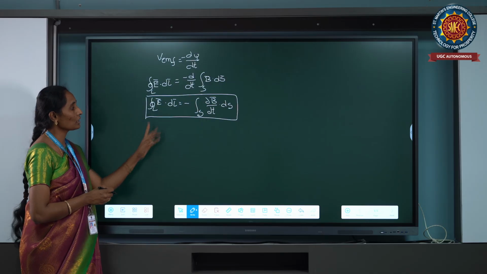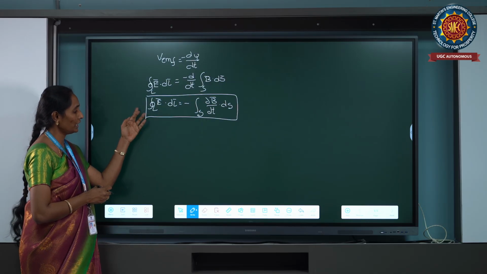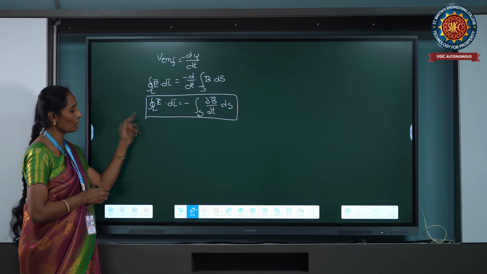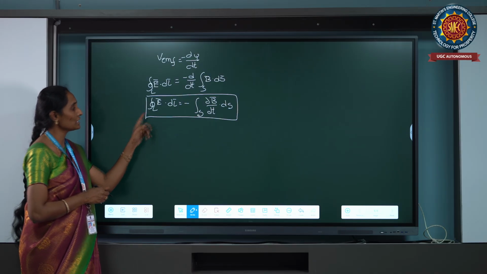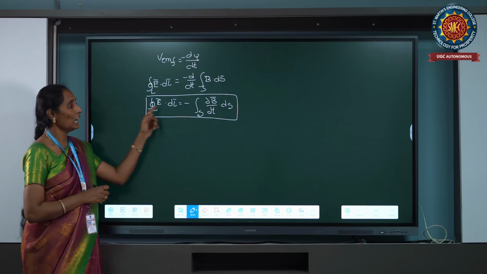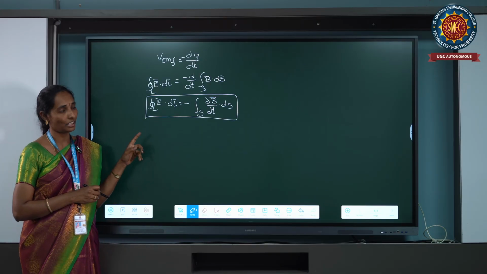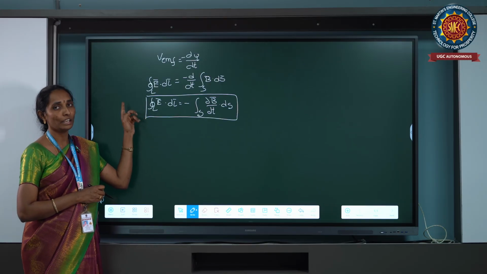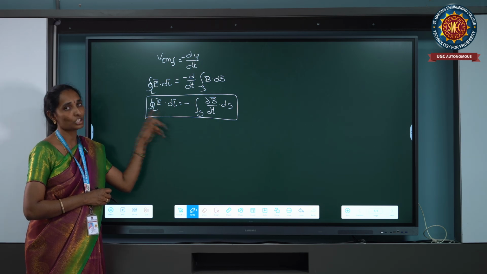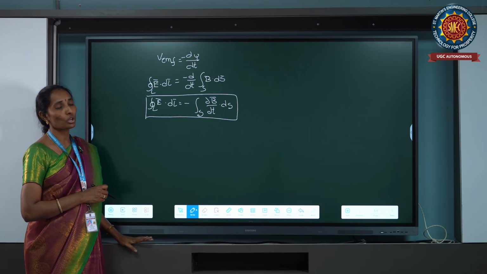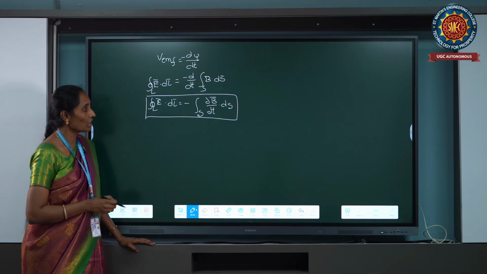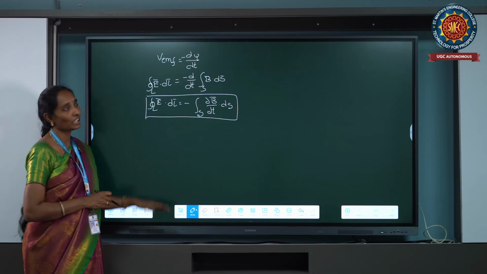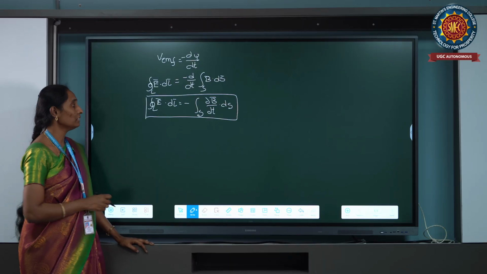By using this integral form, we represent the differential form. Here one side has a line integral and the other side has a surface integration. To convert the line integral to a surface integral, we apply Stokes theorem. The closed line integral of any vector is equal to the surface integral of del cross of that vector.